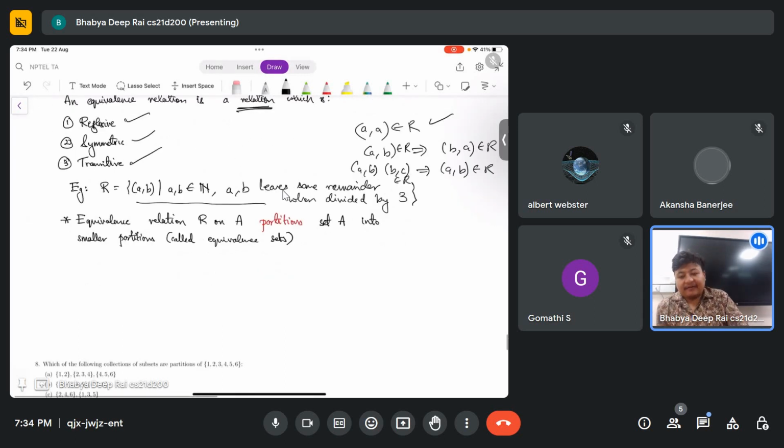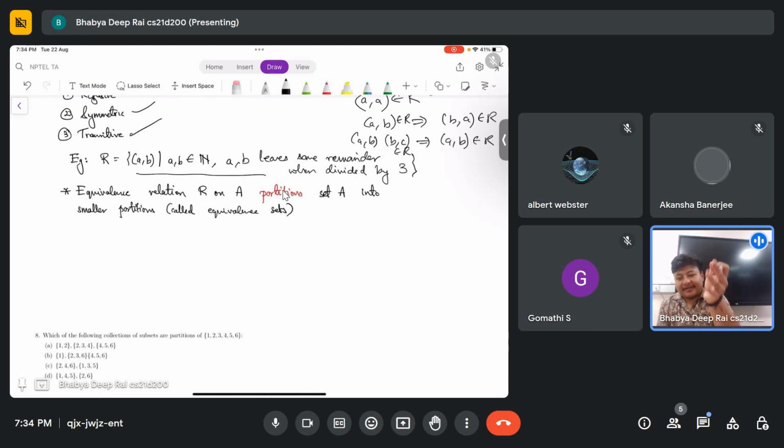Now, why are equivalence relations interesting? You may have seen it in the lectures. Equivalence relations are interesting because they are as good as partitions, mind you, because they partition a set A into smaller partitions. That's what it does. For example, this remainder thing that I told you, you can see it offline.